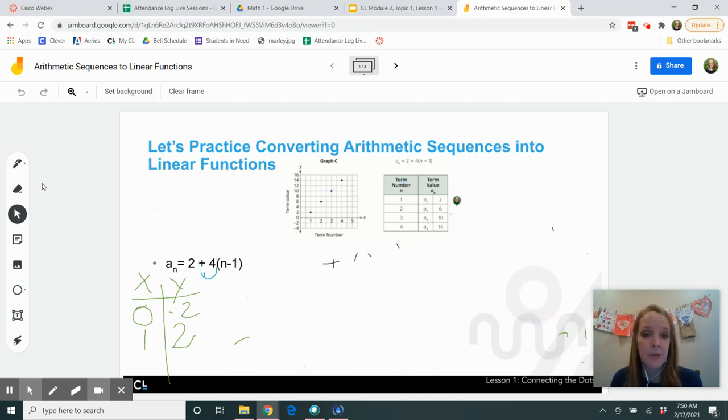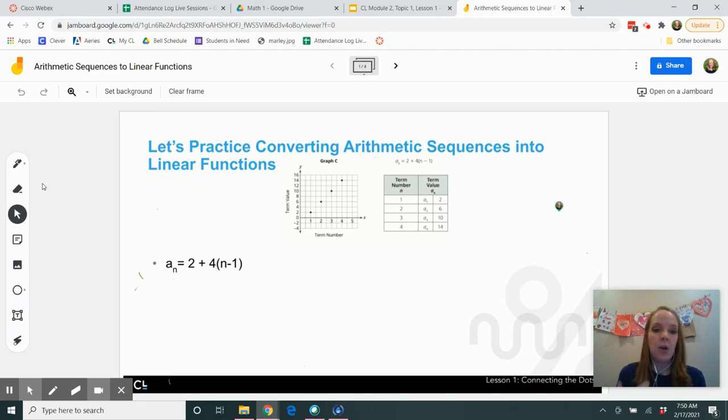Do that if you need to, okay? But what we have here is an equation for an explicit arithmetic sequence. So we have the first term, 2, and we have the common difference, 4. And our goal is to take this arithmetic sequence and rewrite it as a linear function.